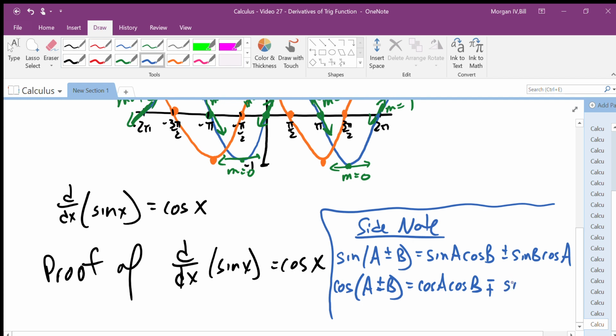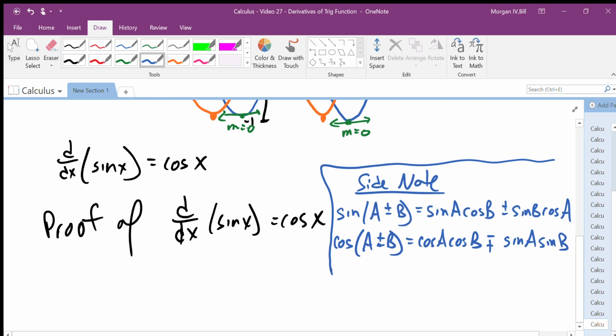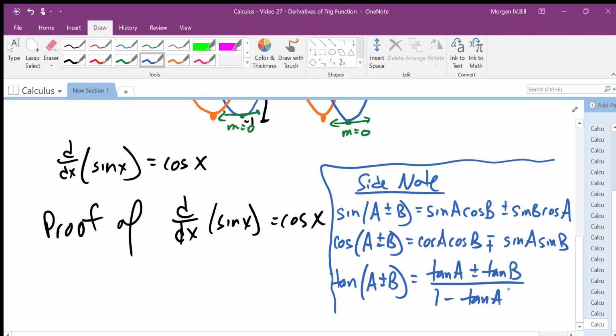And then you get sine A, sine B. And although we don't use this next one quite as much, the tangent of A plus or minus B is the tangent of A plus or minus the tangent of B over 1 minus tangent A times the tangent of B. Those are the sum and difference formulas.